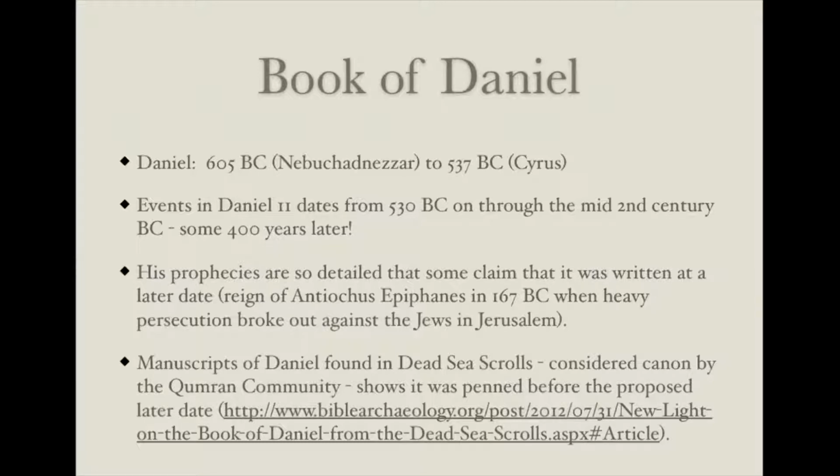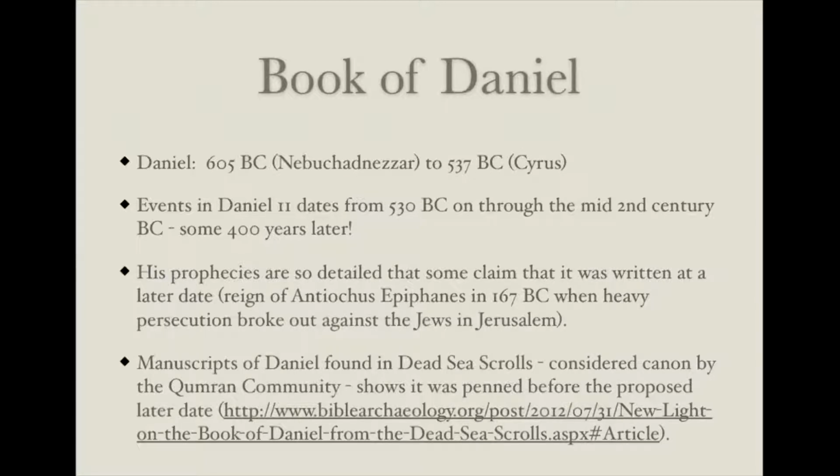until they found the Dead Sea Scrolls. And we'll touch a little bit on the Dead Sea Scrolls at the next session as well. But manuscripts of Daniel were found in the Dead Sea Scrolls, and the people who copied and wrote the Dead Sea Scrolls were from that Qumran community. So what they found is that these guys actually considered the book of Daniel as canon.